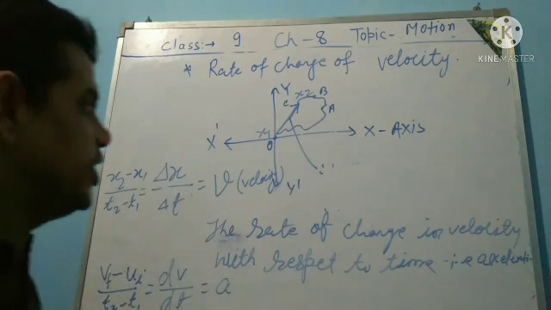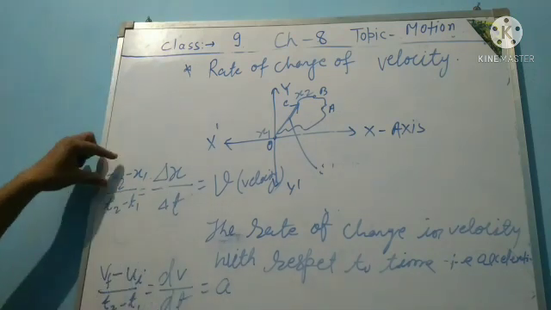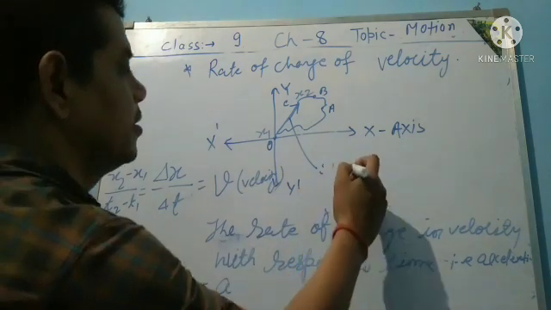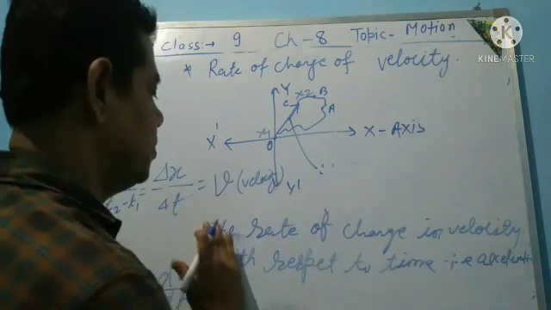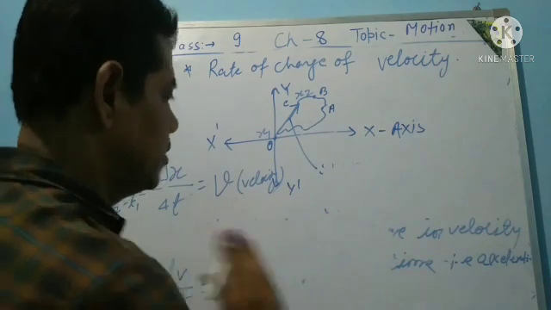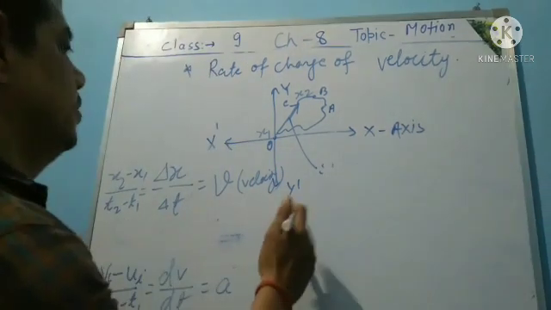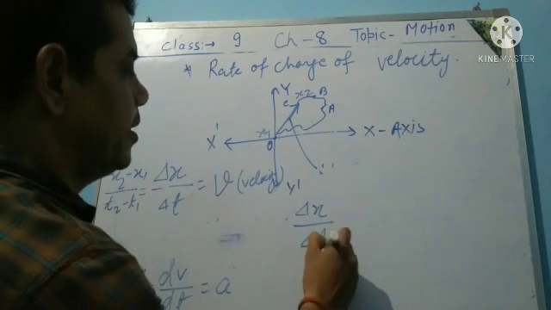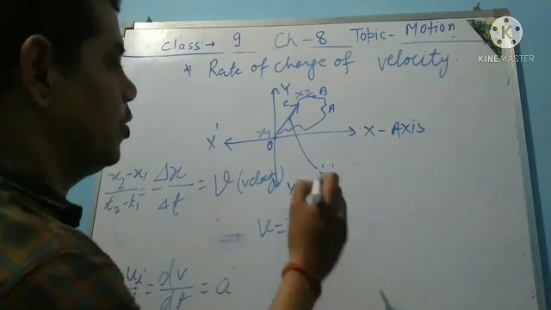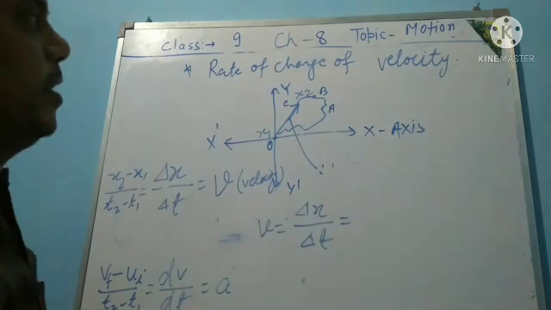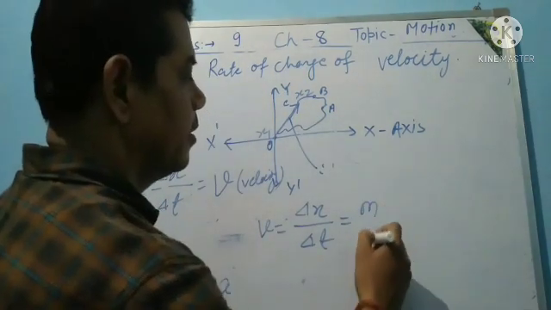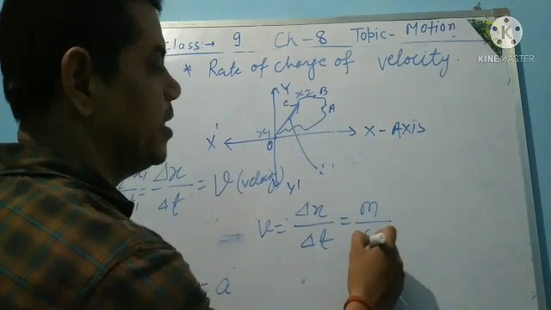Its velocity unit is, first displacement unit is meter. Displacement unit is meter. Del x by del t, that is v equal to, then displacement, that distance is measured in meter, that time measured in second.